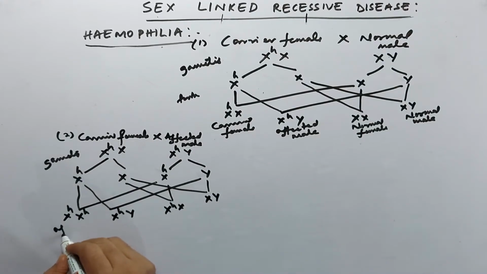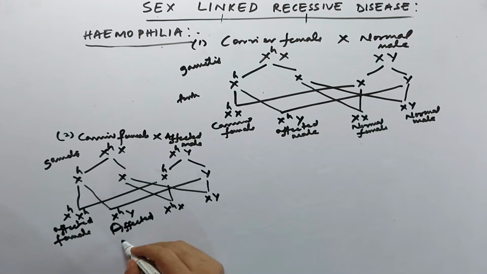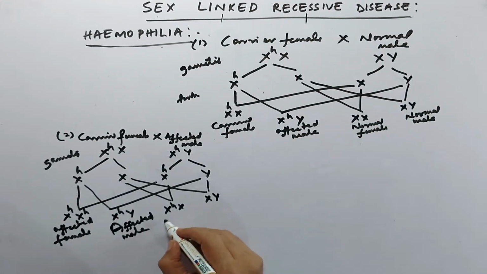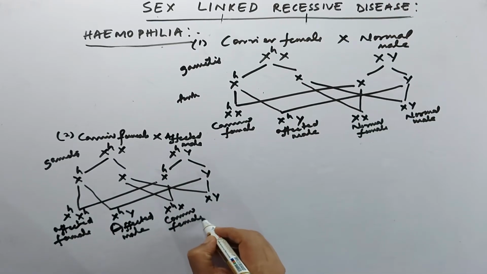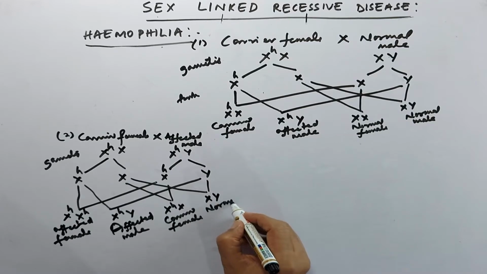So this is the affected female, affected male, carrier female, and normal male.